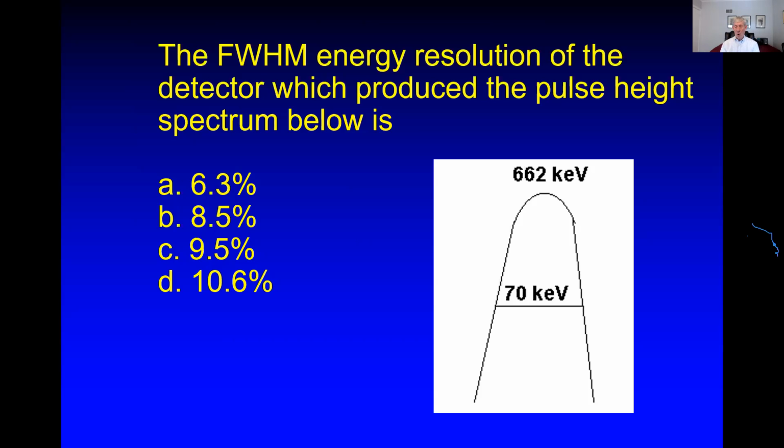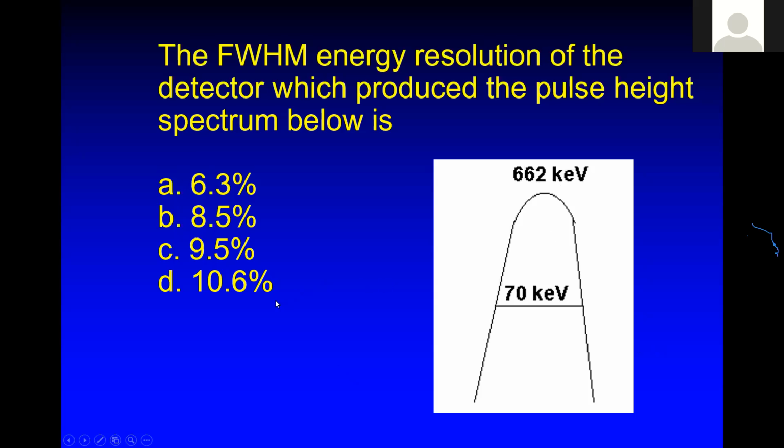So all we do is take the width of the peak in energy units, this width right here at half height. Here's the height, go halfway up. This is 70 keV. We divide it by the known photopeak energy of the nuclide, which in this case is cesium. You don't have to really know that. And so we're going to divide 70 by 662. And what are we going to come up with? What percent?